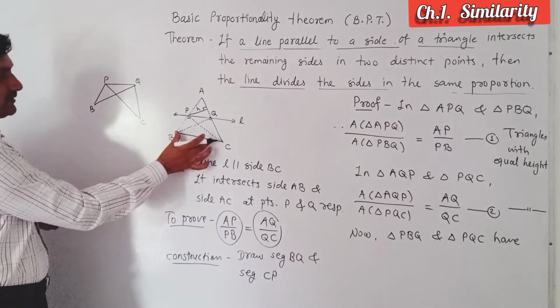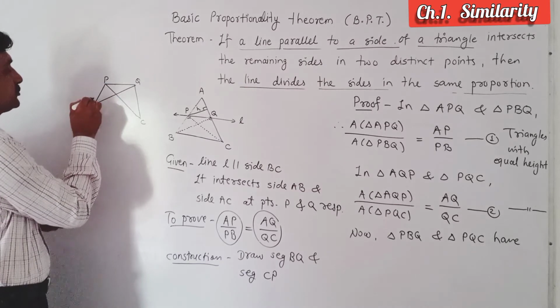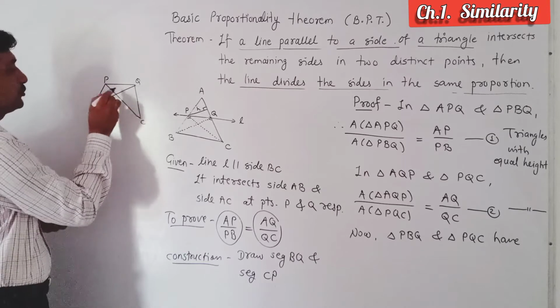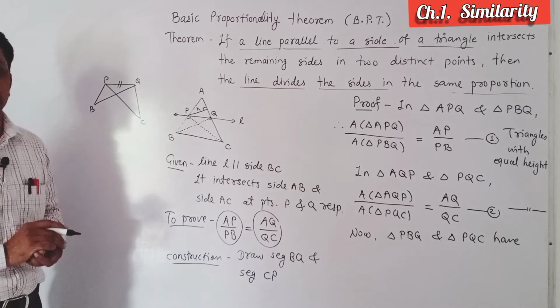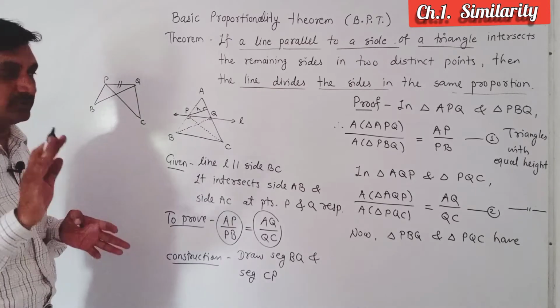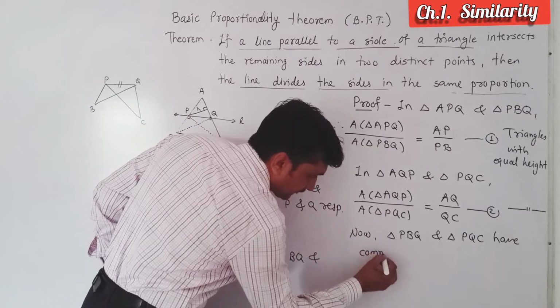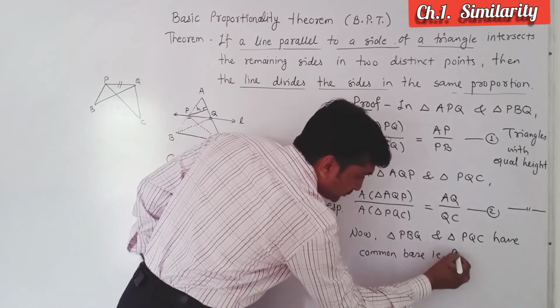These are diagonals. Now here, see this triangle PBQ and this one. What is common here? This PQ. PQ is the base, which means the base is equal. They have a common base, that is PQ.